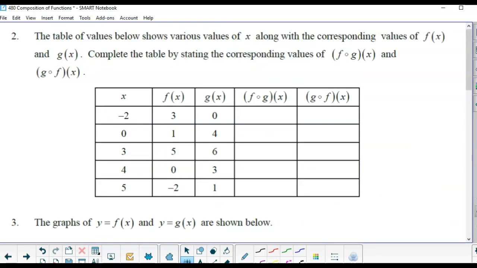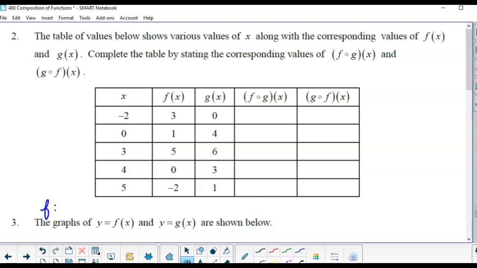Okay, so we're going to look at some discrete functions here. A table of values shows various values of x along with corresponding values of f of x and g of x. Complete the table by stating the composition. So this is just to make it a little bit easier. You could show this as ordered pairs if you wanted.